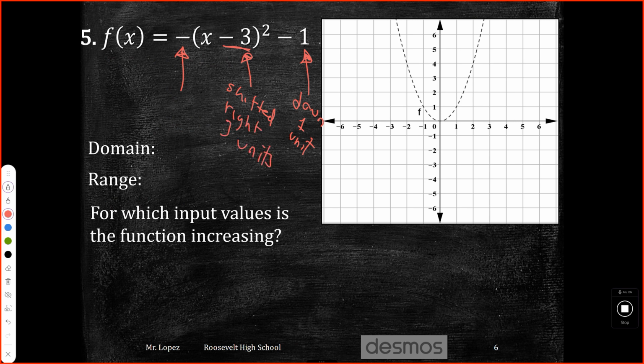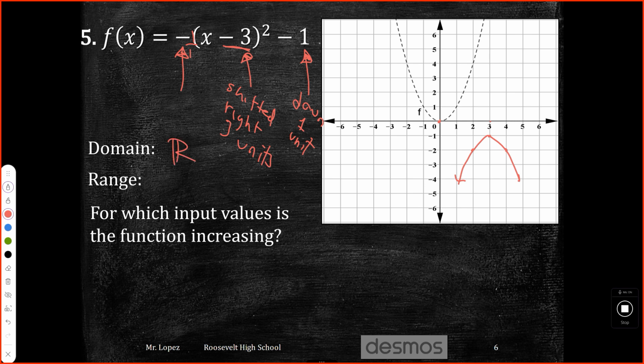And then upside down. So right 3 units, this vertex is going to go here, and then down 1, and it's upside down with 1 over 1. Something like this. The domain is all reals.